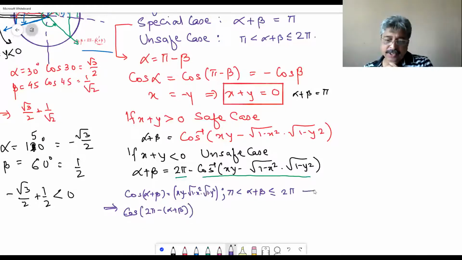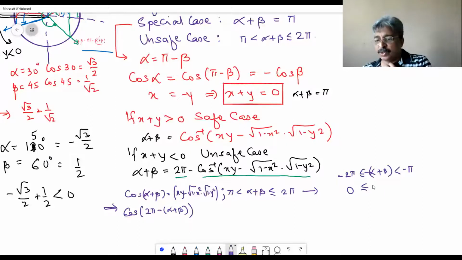However, the moment we start doing inequality, it is minus 2 pi less than equal to minus alpha plus beta, strictly less than minus pi. Adding 2 pi to both sides, we get 0 less than equal to 2 pi minus alpha plus beta, less than pi.